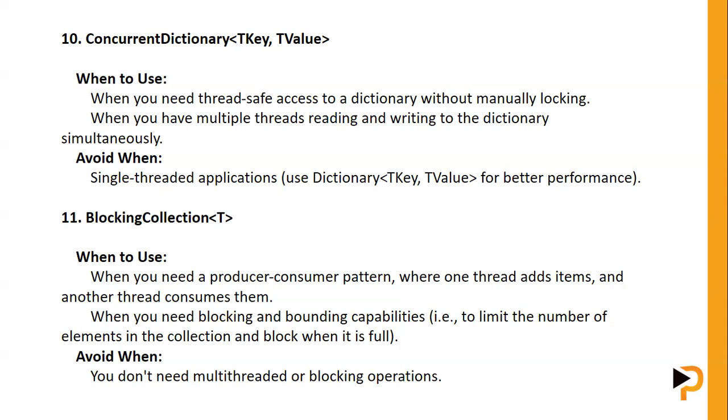So based on some blocking requirement, if you want to perform the operations, then you can go ahead with the blocking collection. If these scenarios are met, fine, block the adding and removal. Avoid it if you don't need multi-threaded and blocking operations.